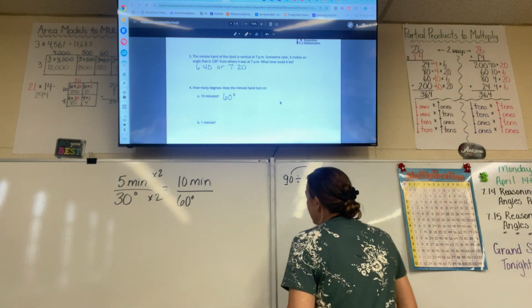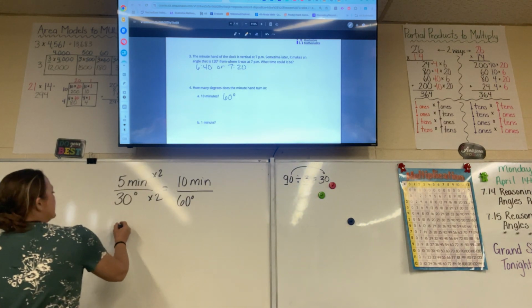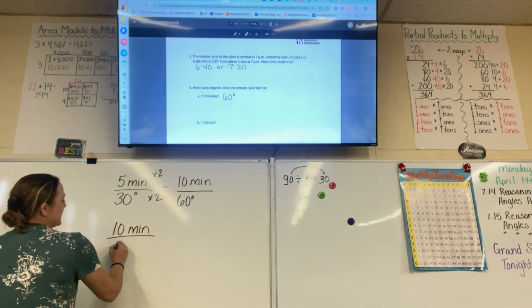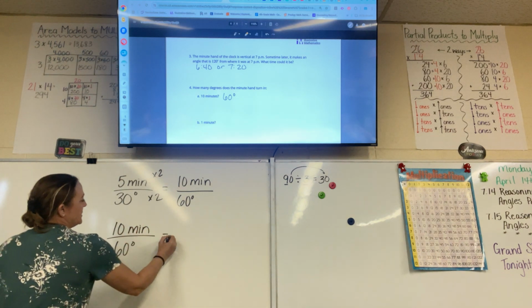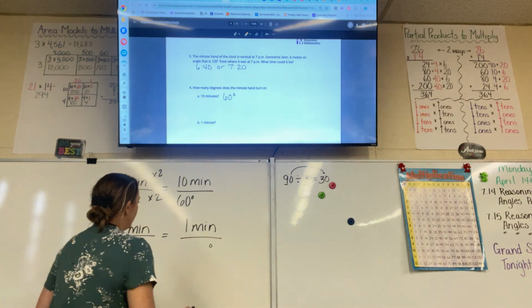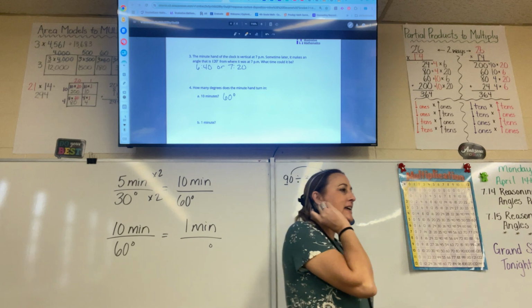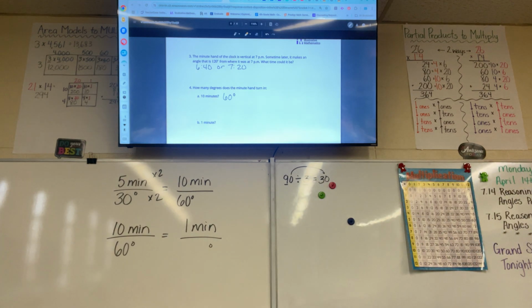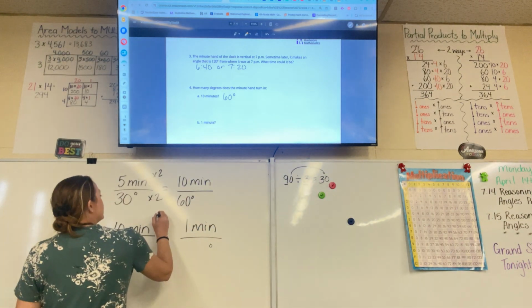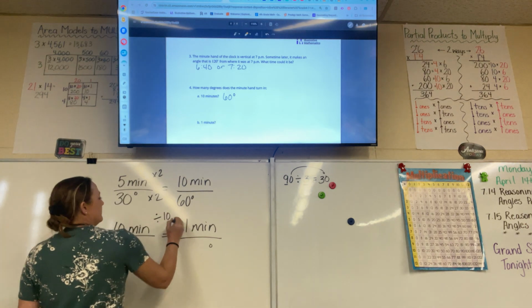What about a 1 minute? Well, if we know that 10 minutes is 60 degrees, then 1 minute would be how many degrees? What do you divide 10 by to get 1? Zerelda? 10. And if you do it to the top, you do it to the bottom. So what is 10 divided by 10? 1.